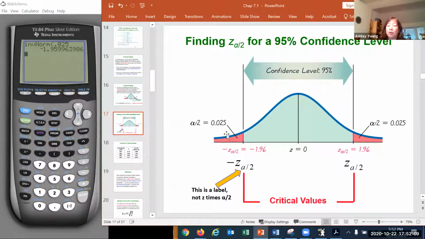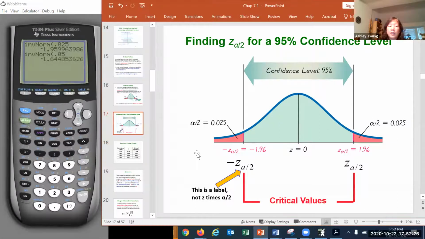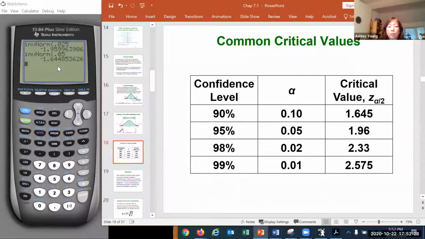So I'm going to do inverse norm of 0.05, second vars, inverse norm, 0.05. And you guys should get negative 1.64, if you round, 645.